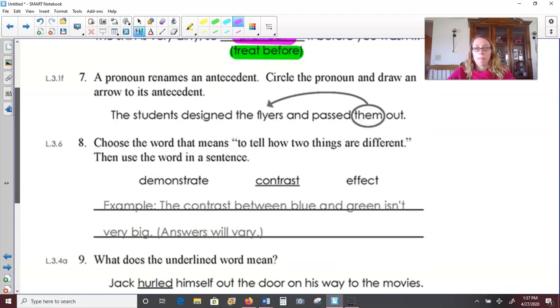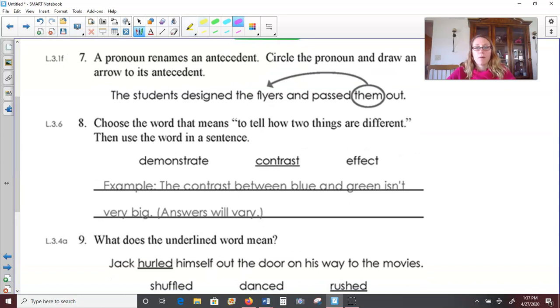All right, number 7, a pronoun renames an antecedent. Circle the pronoun and draw an arrow to its antecedent. So the students designed the flyers and passed them out.